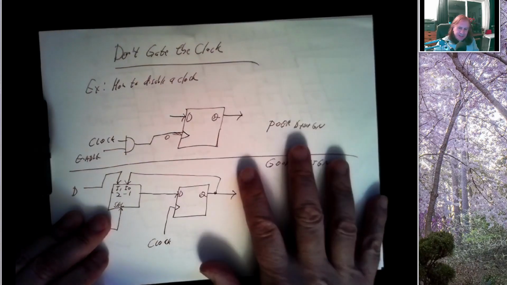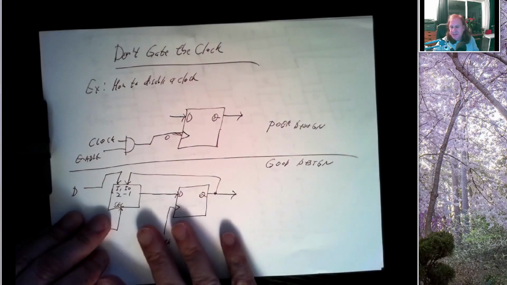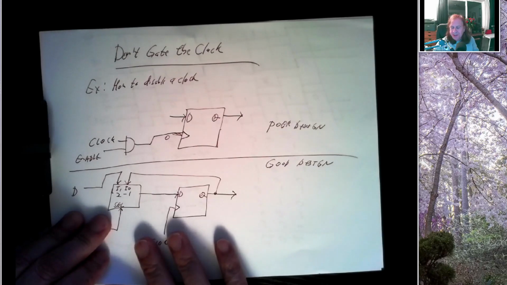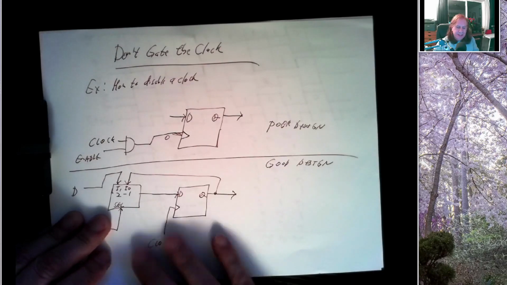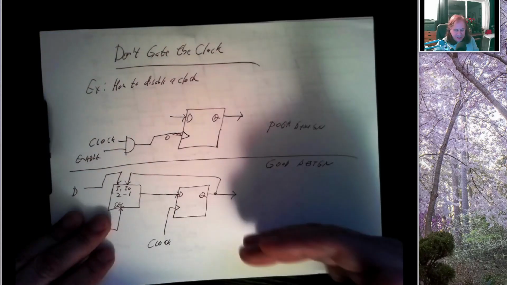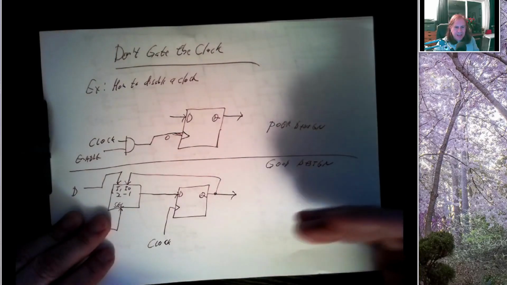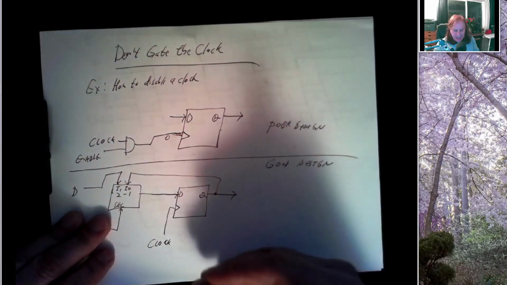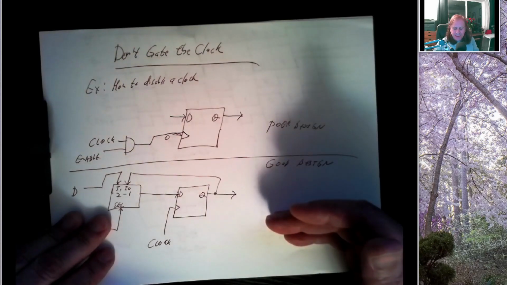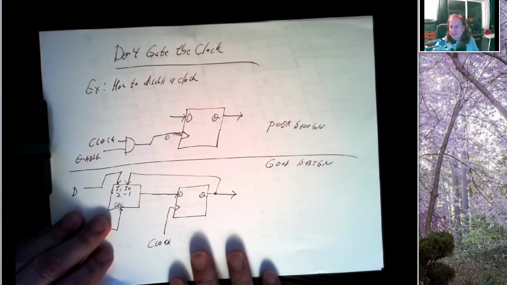So that's synchronous design. We can do asynchronous design. You can design circuits without clocks. And theoretically, they can run faster because once you set your clock speed, things are not going to happen faster than that. But in asynchronous design, where there is no clock, you can let things just happen as quickly as the hardware will let them happen.